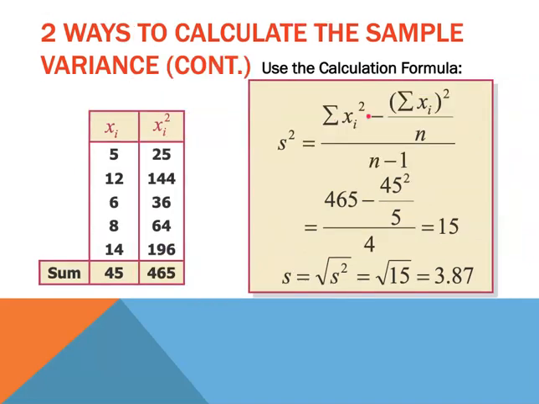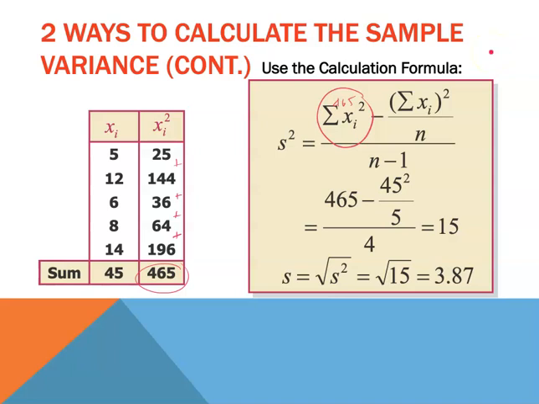All right, so the second way to calculate the sample variance or the sample standard deviation is to first find the sum of the squares of your data. The sum of squares for your data is 25 plus 144 plus 36 plus 64 plus 196. That gives me 465. So this is 465 minus the square of the sum of your data. That's different.